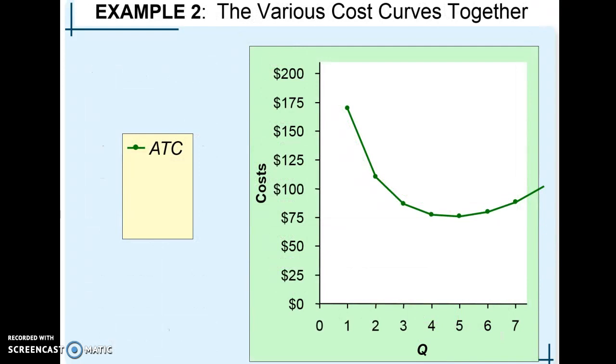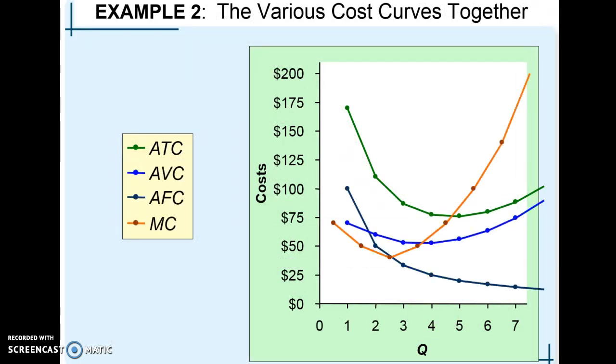Here are all of the various cost curves together on one graph. Average total in green, average variable in blue, the more of a royal blue, average fixed costs in dark blue, and your marginal costs in red.